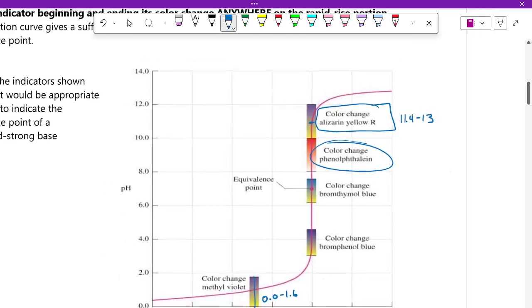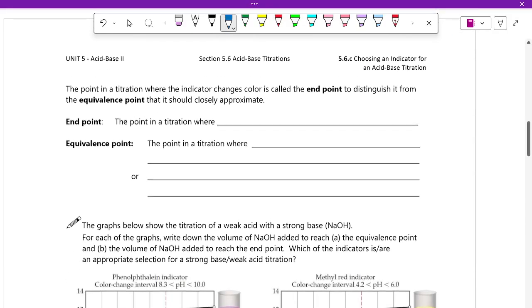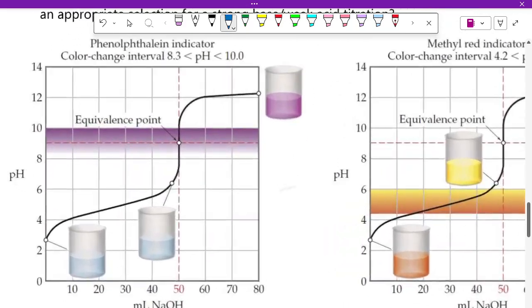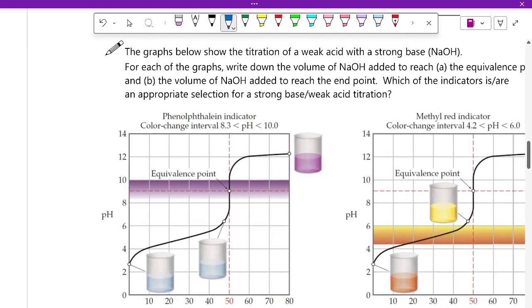So you need to be able to look at a titration curve and say, phenolphthalein is a good indicator for a weak acid, strong base titration because the pH at the equivalence point is greater than 7. And guess what?